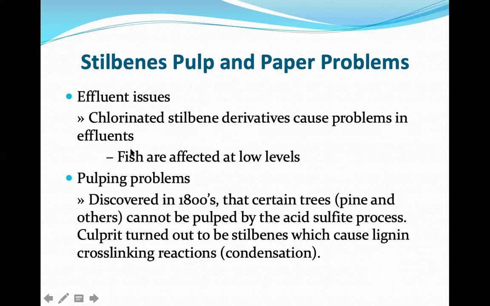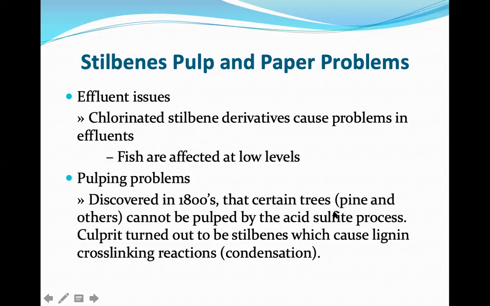Very low level concentration in the effluent, if disposed to the water bodies, can affect the aquaculture, fish killing. So stilbenes environmentally in the paper industry are problematic, not only inhibiting the pulp and paper making process, but also environmentally chlorinated stilbenes are problematic.